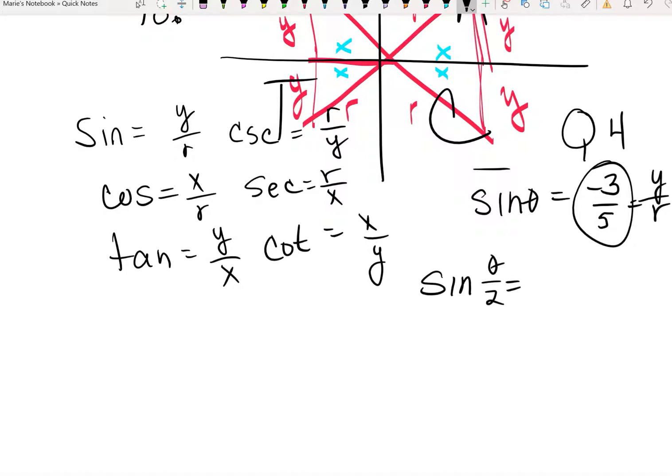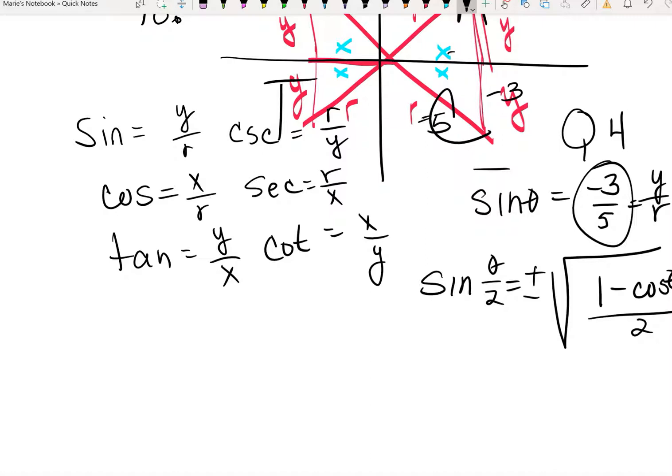And so we know the formula in this case is plus or minus the square root of 1 minus cosine theta over 2. Which, when applied, and again, if y is the negative 3, r is the positive 5, then x has to be the 4.